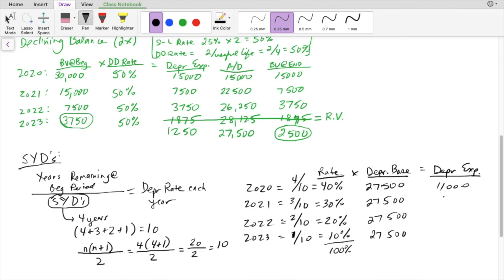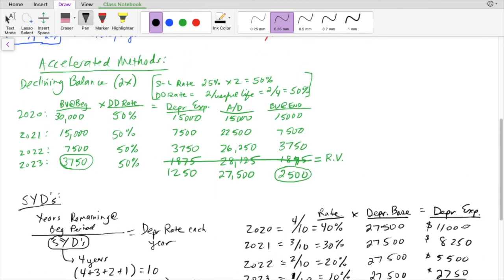For 2021 it will be $8,250. For 2022 it'll be $5,500. And for 2023 will be $2,750. And so if we add all of these values together, we should get $27,500, our depreciable base.